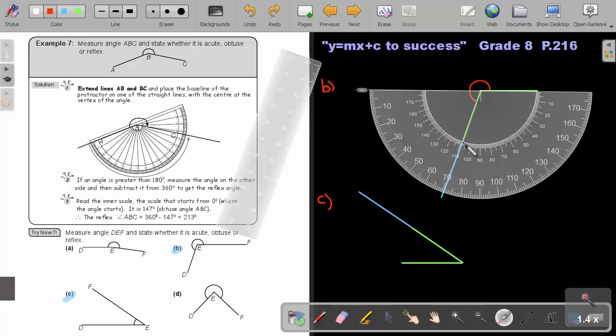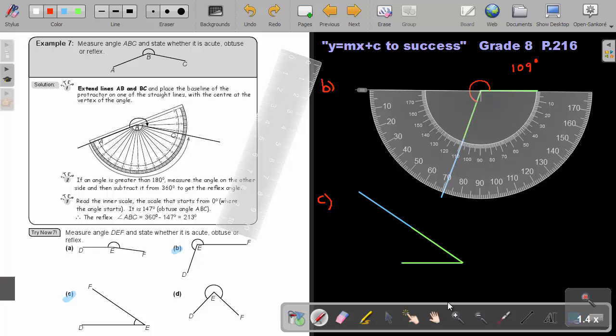Now it looks like it's exactly 1 before 110. So it will be 100, and if I count up to there, the inside angle will be exactly 109 degrees. But that is not my answer.